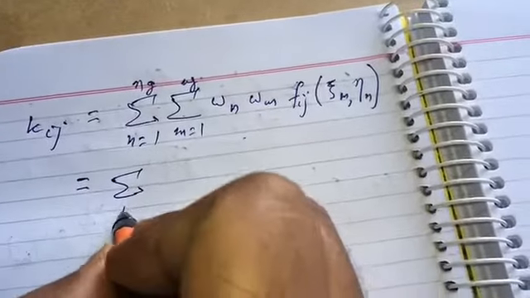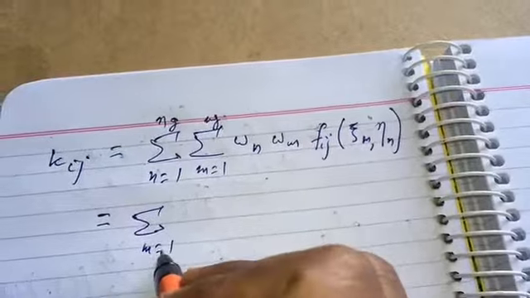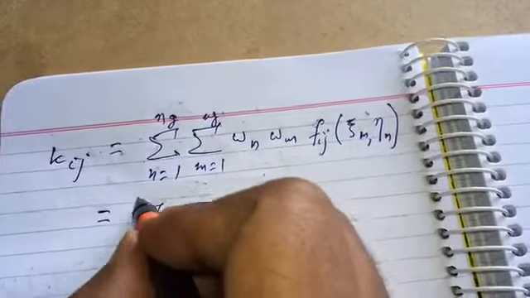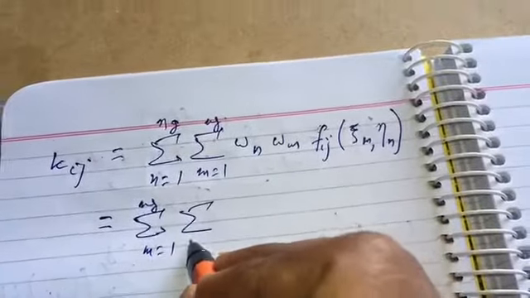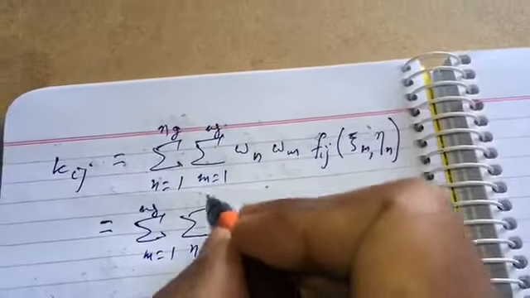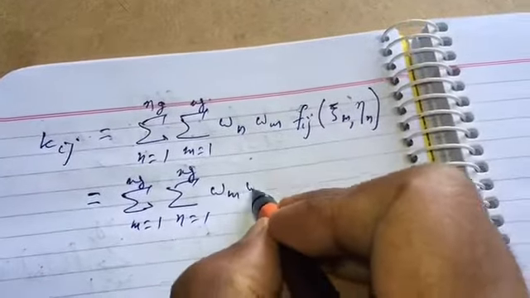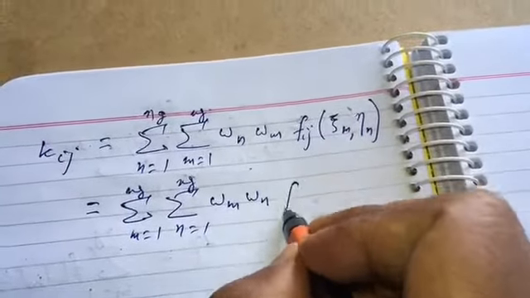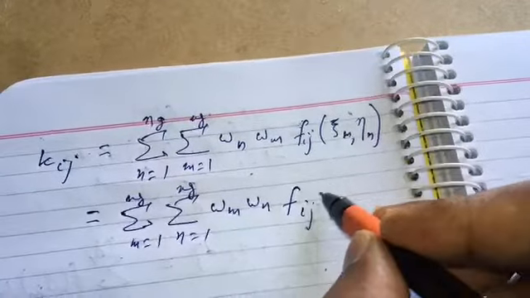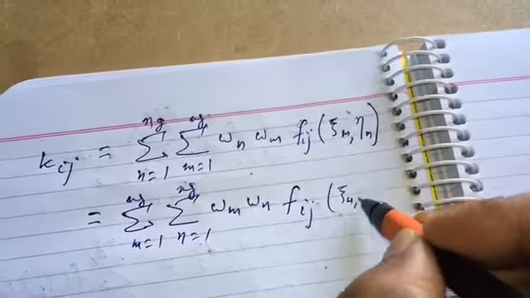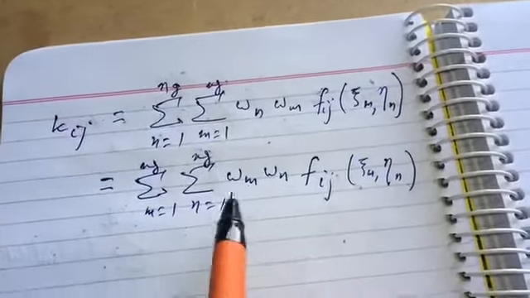Okay. We can also rearrange it and even write it like this. So, m equal to 1 over n_g, instead of writing n first, we write m first, and then the summation n equal to 1 over n_g, and then w_m, w_n, and f_ij at m and n, like this also.